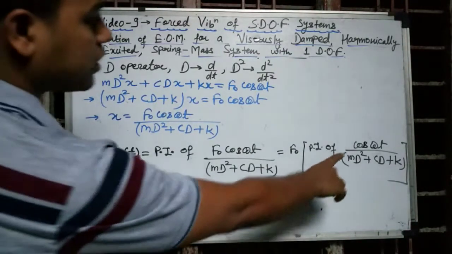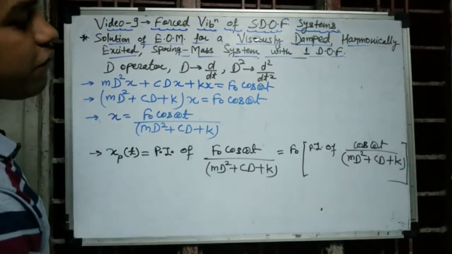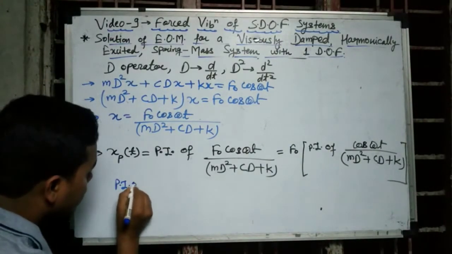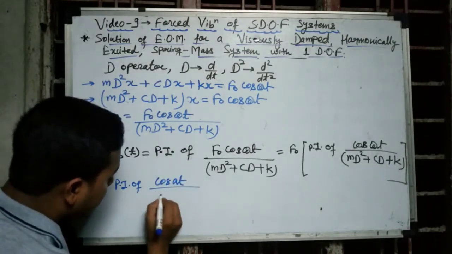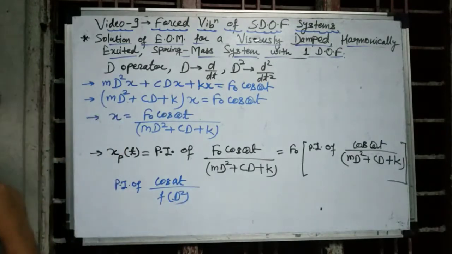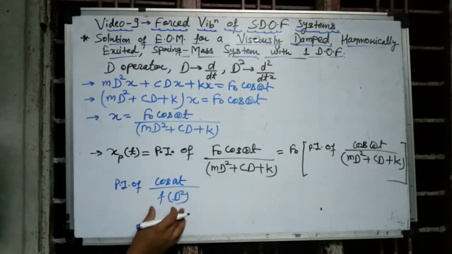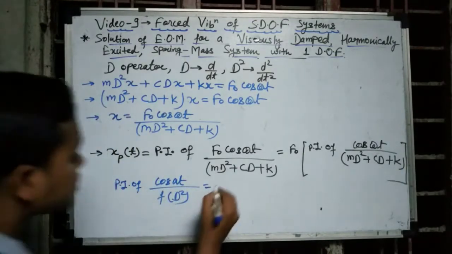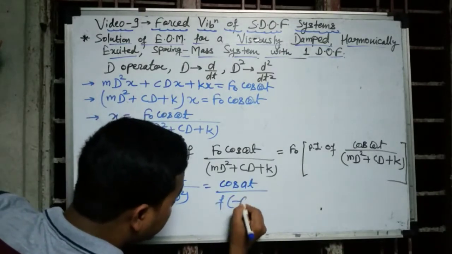Now this form is of the kind cos at by f of D square, and from maths we know the PI of such a function, cos at by f of D square, means there should be some cos of some constant into t, and in the denominator we should have some function of D square. So the PI of such a function, cos at by f of D square, is cos at by f of minus a square.